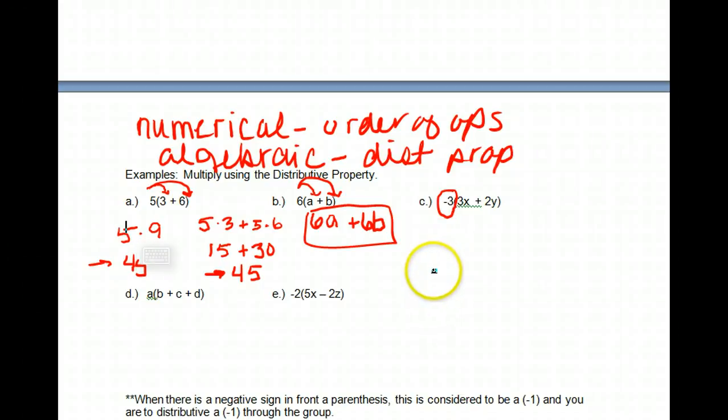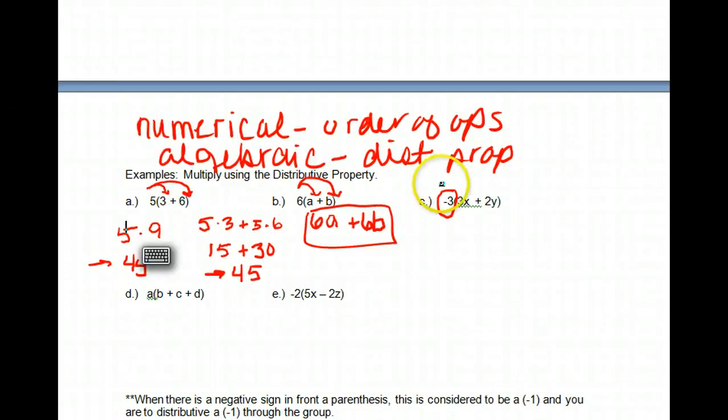Please, please remember that the sign in front of the number, no matter what, is the sign that belongs to that number. Whether you're reading that string of numbers as a plus, a minus, a positive, a negative, that sign belongs to that number.